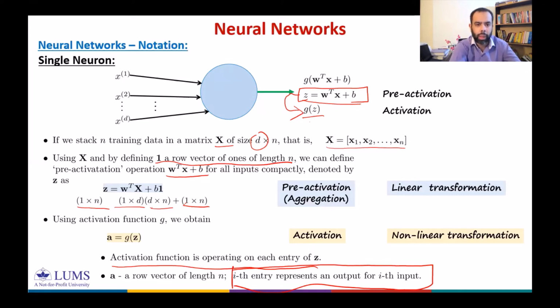I hope this is clear. The summary is we have Z equal to W transpose X plus B, the pre-activation output for one input, and you pass it through G of Z to get the output for one input.